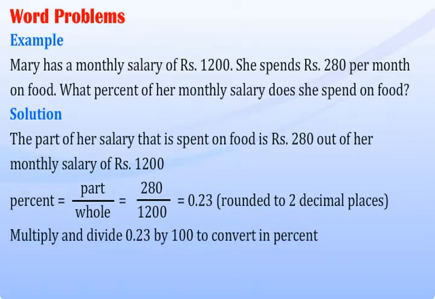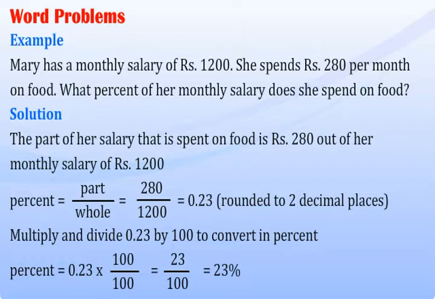Multiply and divide 0.23 by 100 to convert into percent. Percent is equal to 0.23 into 100 by 100, which is 23 by 100, equal to 23%.